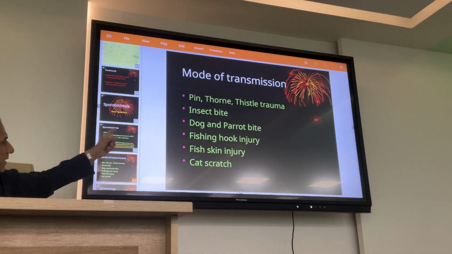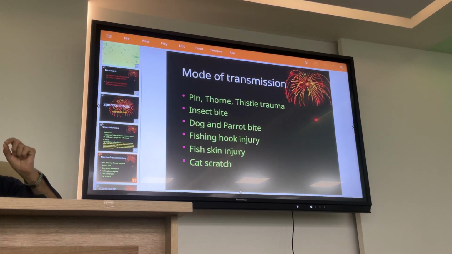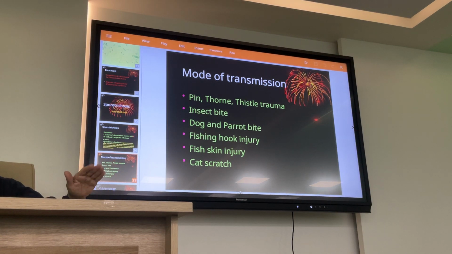But in sporotrichosis, the insect bite is generally mechanical.